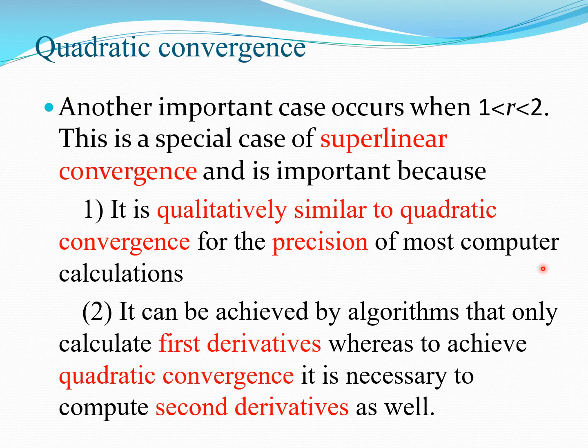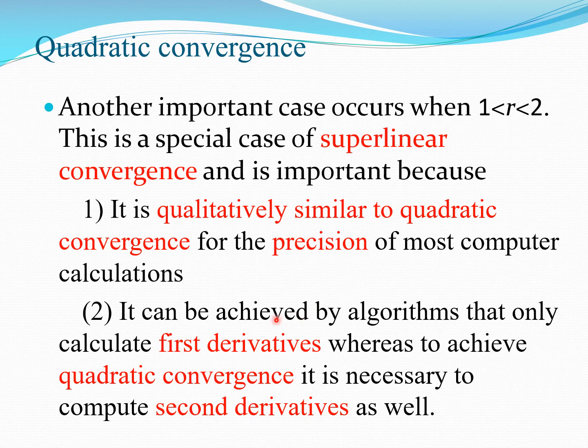Now, one case which is particularly important is when R lies between 1 and 2, and this is also a special case of superlinear convergence. And this is important because it is qualitatively similar to quadratic convergence for the precision of most computer calculations.